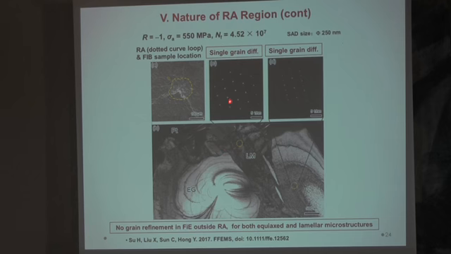The diffraction pattern is a very nice isolated spot, meaning just one grain inside. There's a coarse grain microstructure, even for lamellar structure and also equiaxed alpha grains. So no grain refinement in this area.